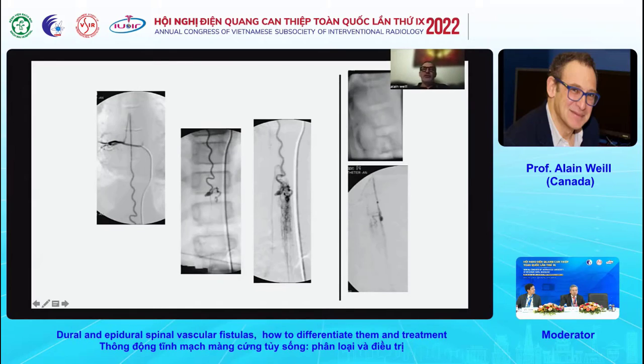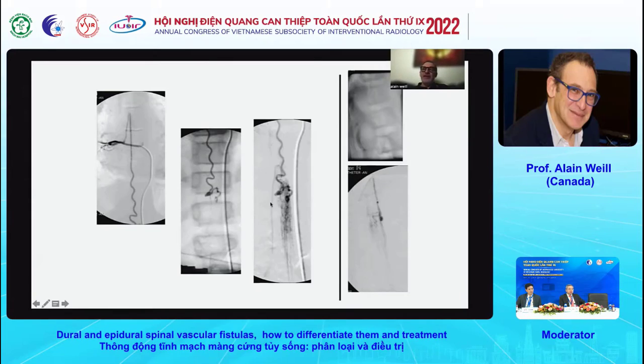Necessarily it's intradural because it's supplied by an anterior spinal artery, actually two. There is one coming from lower down, and this one is coming from up, which fills this vascular malformation. And you can see, interestingly enough, that there is an aneurysm here on the anterior spinal artery before it reaches the arteriovenous malformation of the cord, or of the conus.